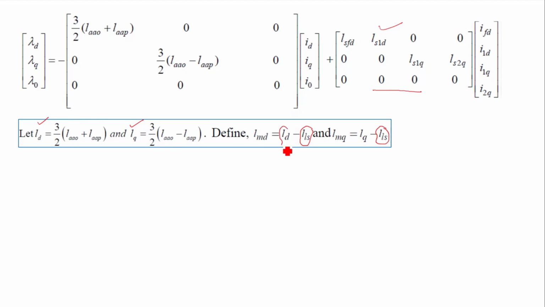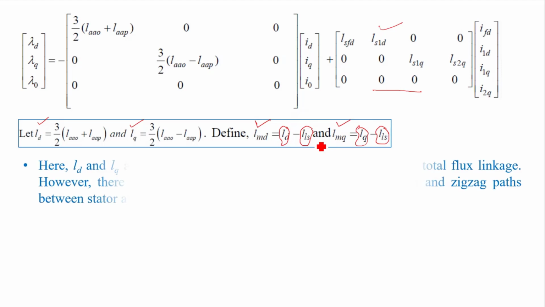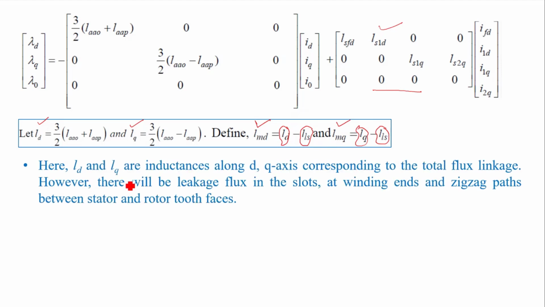LD is the net inductance along the D axis and LQ is the net inductance along the Q axis, and LMD and LMQ are the mutual inductances across the D axis and Q axis. So here LD and LQ are inductances along the D and Q axes corresponding to the total flux linkage.